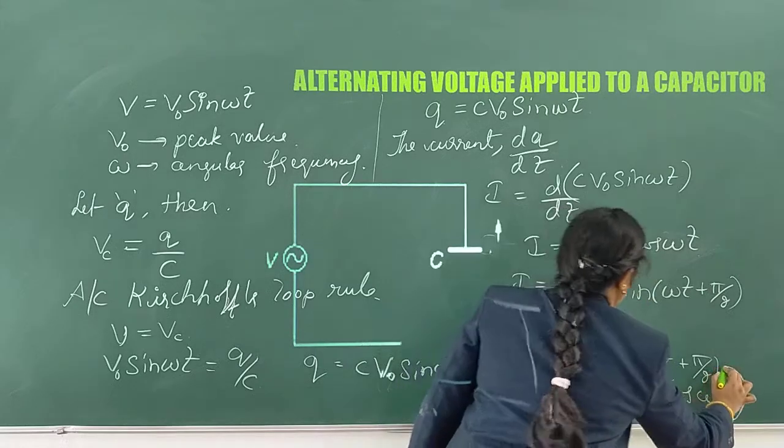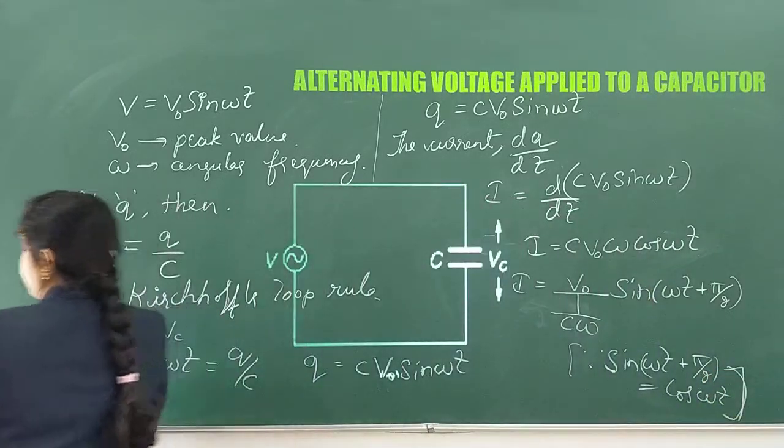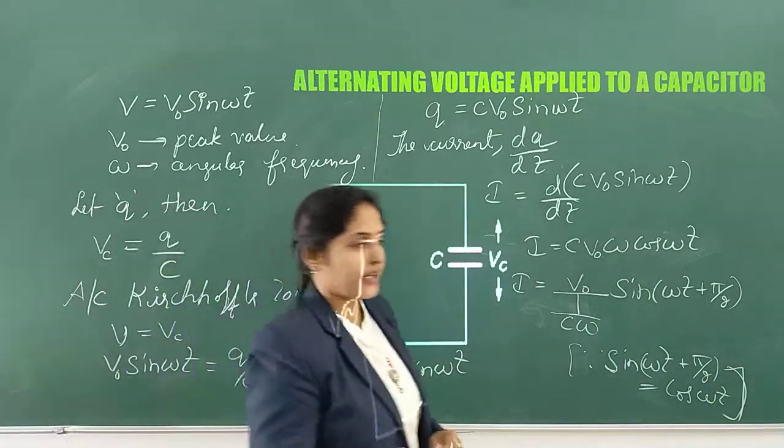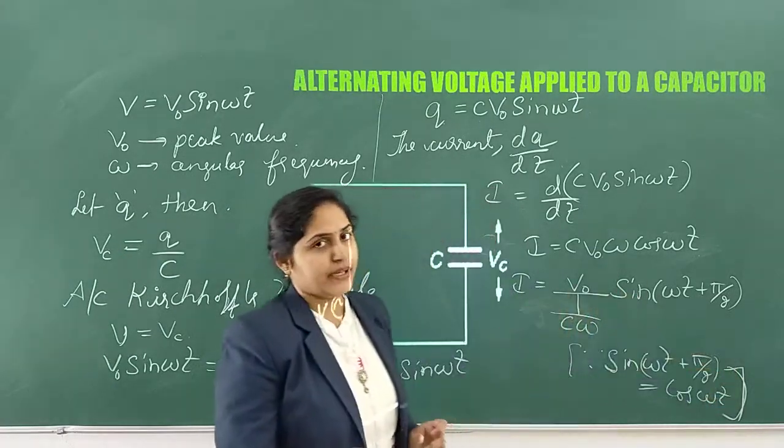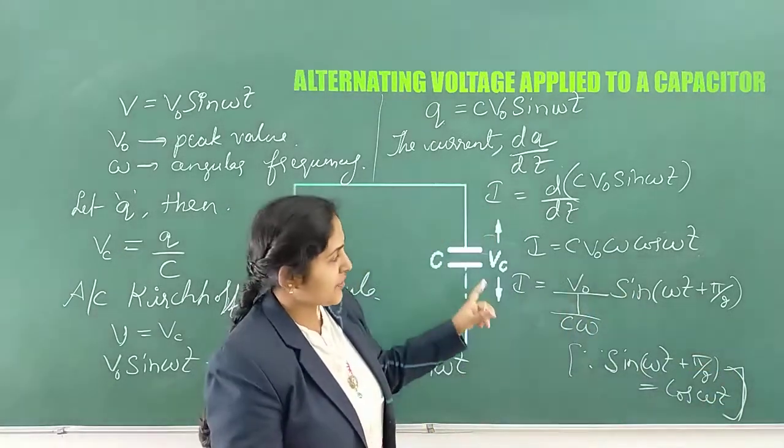Since this is the reason, I have replaced cos omega t by sin omega t plus pi by 2. So this is the current.